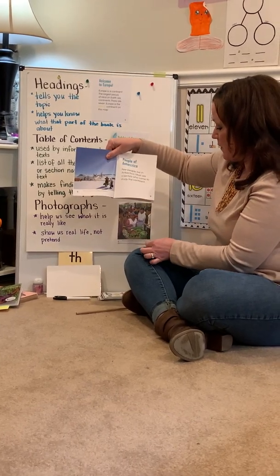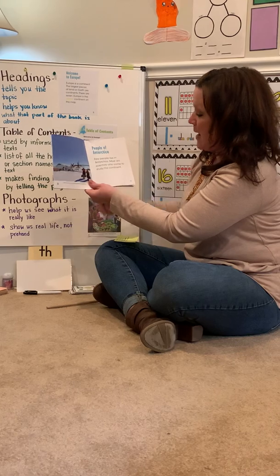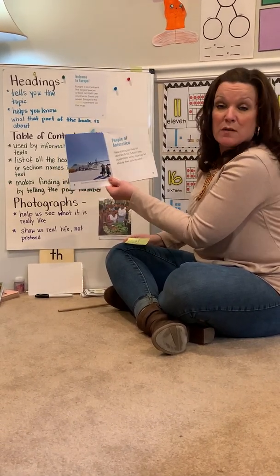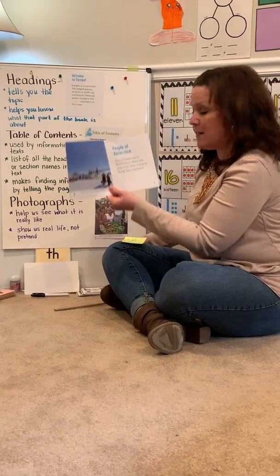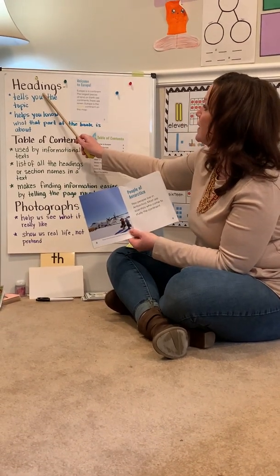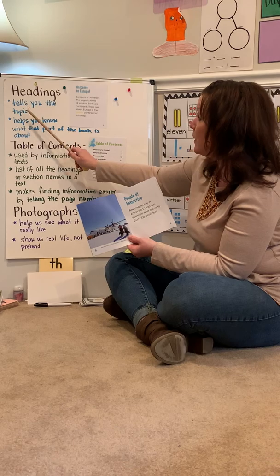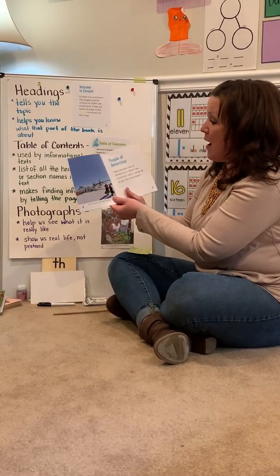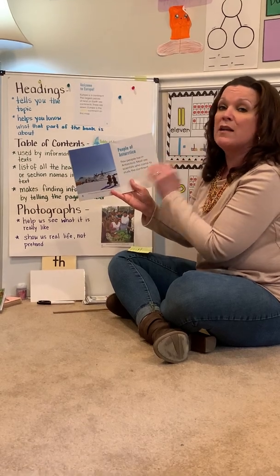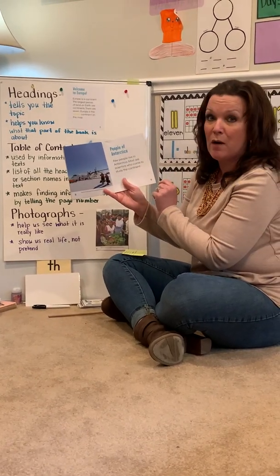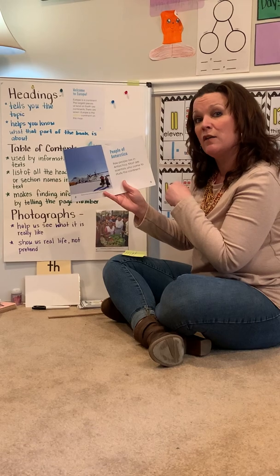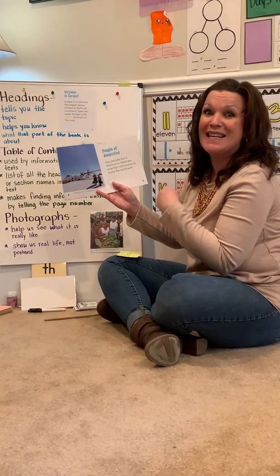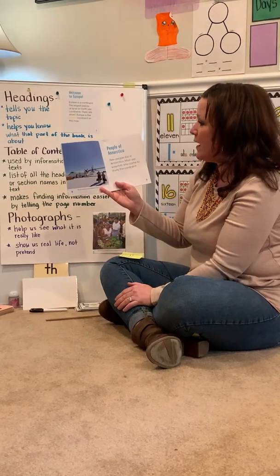And remember, friends, we use headings to help us find the main topic and key details of sections in books or sections in Antarctica in this case. And as a reminder, friends, headings tell you the topic, and it helps you know what that part of the book is about. So the main topic of the next few pages are people of Antarctica. And we're going to read along, and we're going to find out those key details about people of Antarctica.